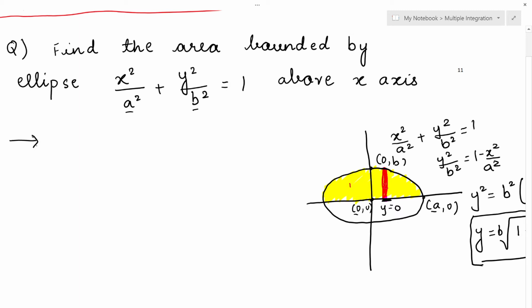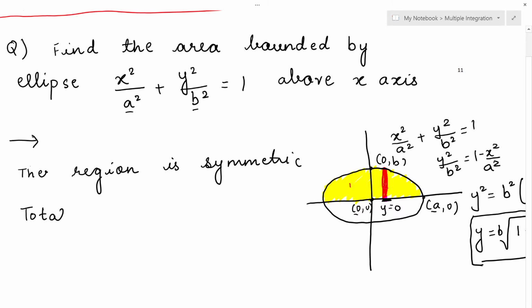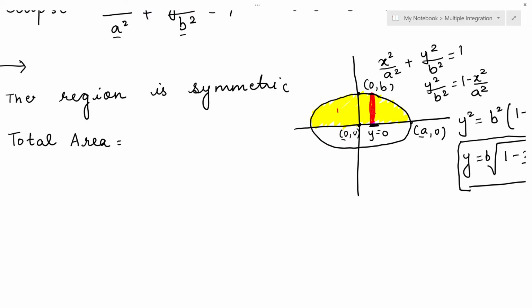So you can write that the region is symmetric, so the total area, that is the shaded area, will be twice the area bounded in the first quadrant.